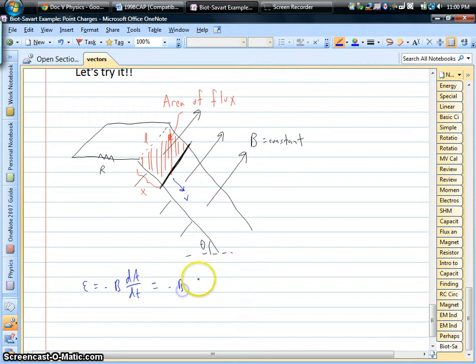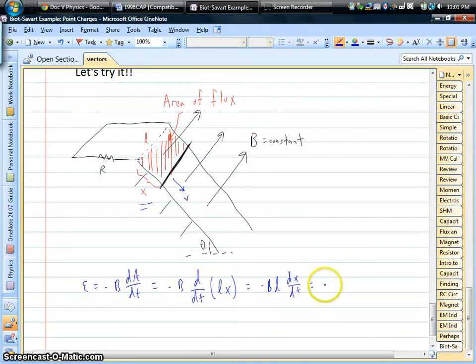So we have the time derivative of the length of the bar times the x that I have on this other side, the side on the hill. Okay, that's just the area of that rectangle. Now as the bar slides down, the only thing changing is the x length. The L length, the length of the bar, doesn't change.